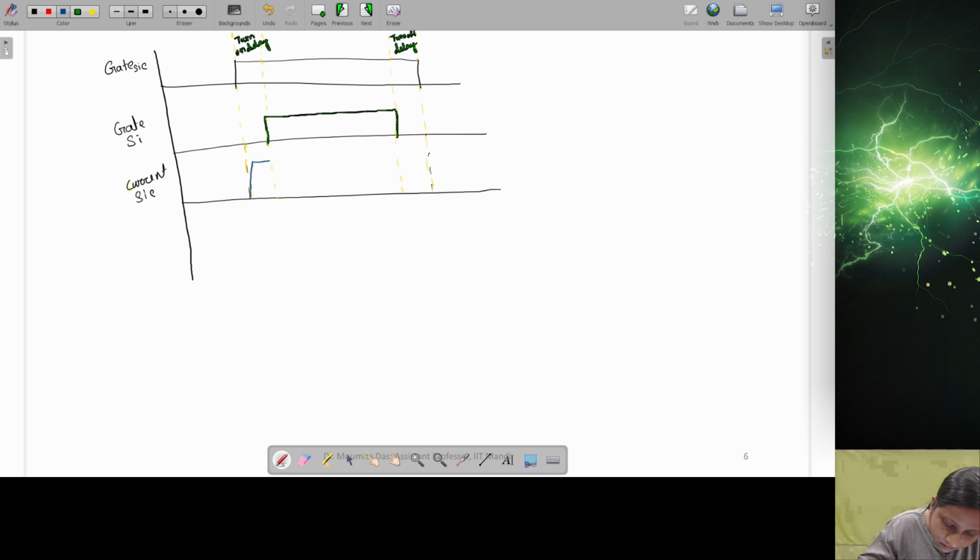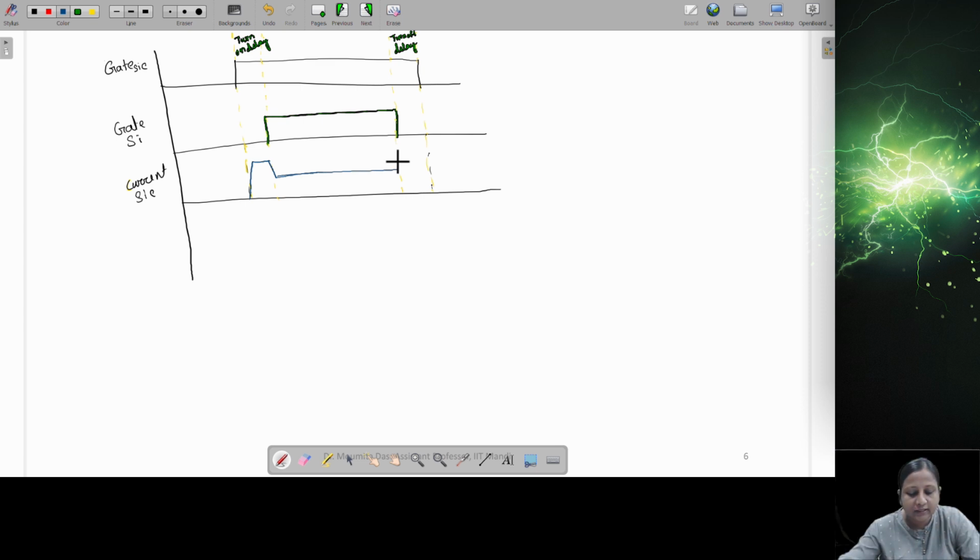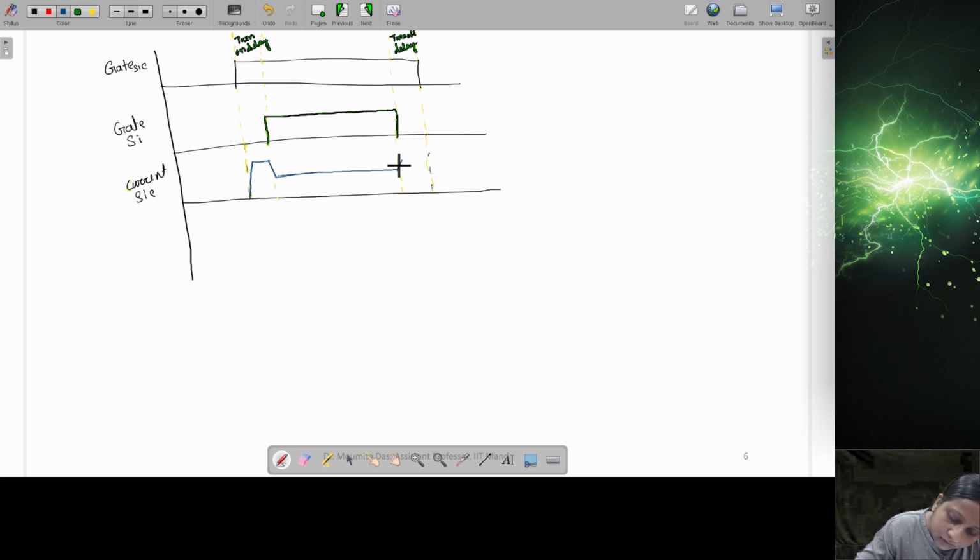Initially there will be some peak current, because it will take some time to reach that peak current. I'm not drawing it here, but it will go to the maximum point during the turn on delay and turn off delay. So the entire current will flow through only the silicon carbide switch, because silicon devices are not on at that time. So this is the entire current flowing through the silicon carbide switch.